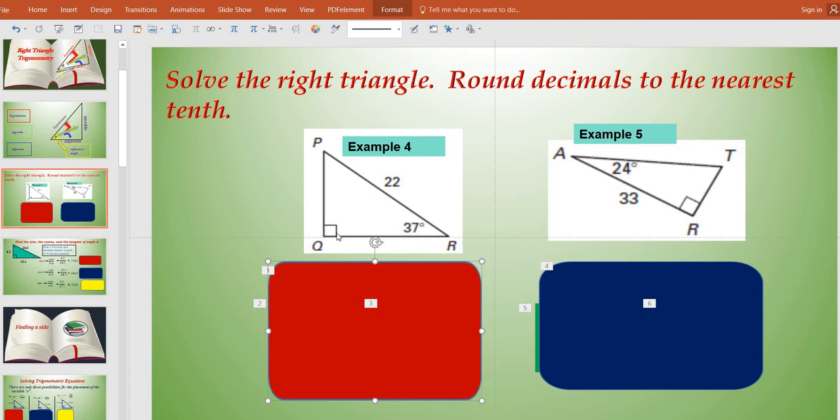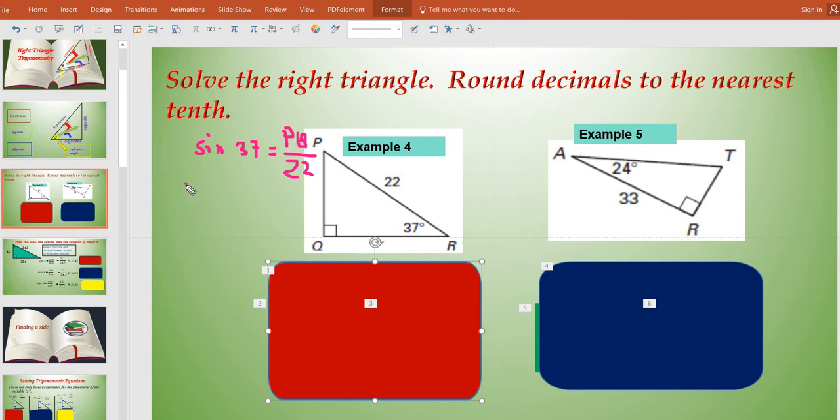To find BQ, we use the sine rule. Sine 37 equals opposite BQ over hypotenuse 22.